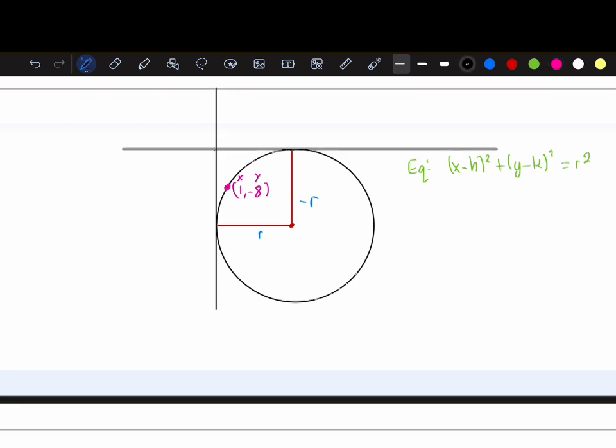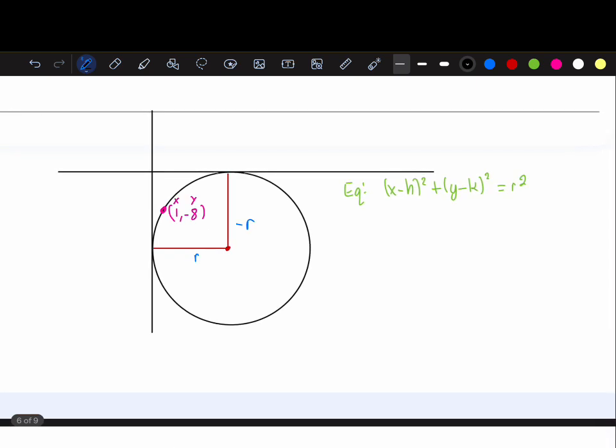So I can rewrite this as my x value is 1 minus r, squared, plus y, which is minus 8, and then my k value for the y coordinate of the center is going to be minus r, so plus r, squared, and this all equals r squared. I'm going to use this to help solve for both of them. This is going to give me a quadratic, which I'll show you in a second. One of the values is going to be the radius for the larger circle, and the other one's going to be for the smaller circle, which we'll see now in a second.